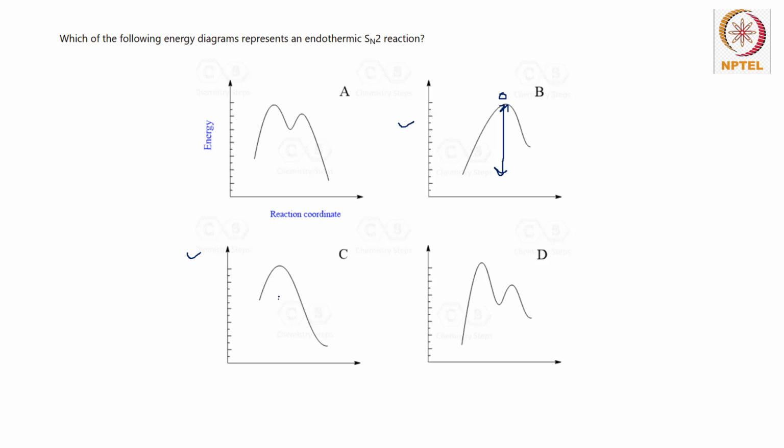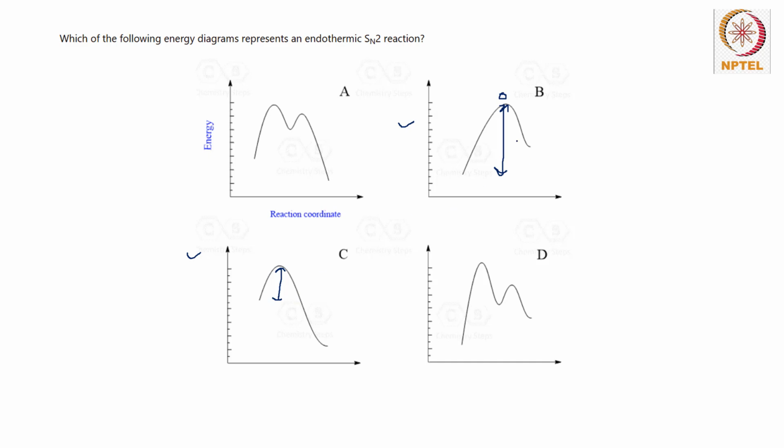From this you can see option B needs more activation energy than C. More activation energy means heat. So if a compound needs higher activation energy, that is a higher amount of heat, it is the endothermic reaction. In the other case, the activation energy is very small.